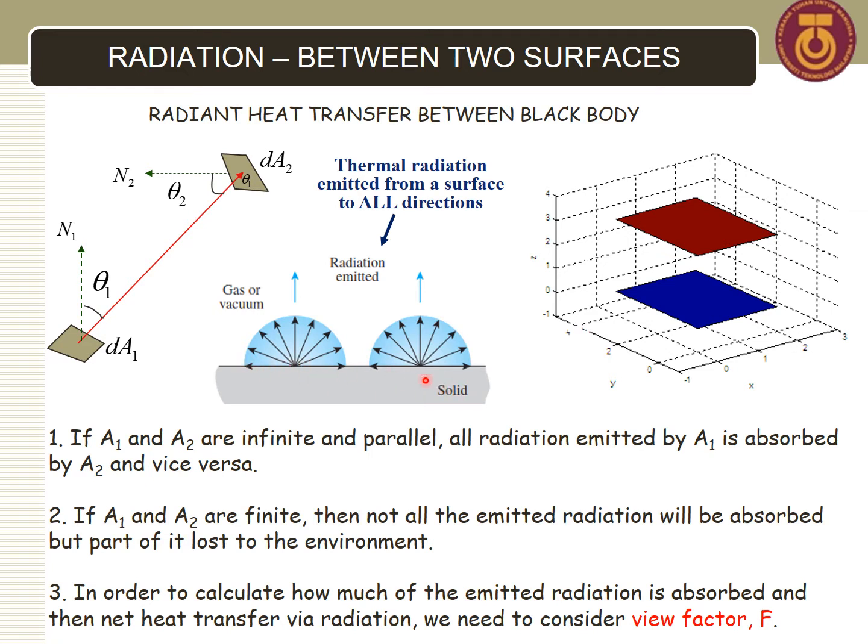On this surface, the thermal radiation is emitted by every point, and every point on the surface will emit thermal radiation in all directions. Now it's shown in 2D, but actually it's in 3D, meaning the radiation is like a hemisphere, emitted towards all directions from its surface.